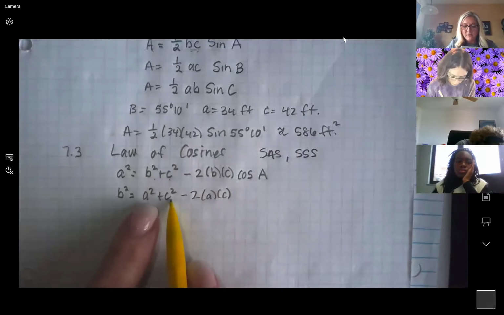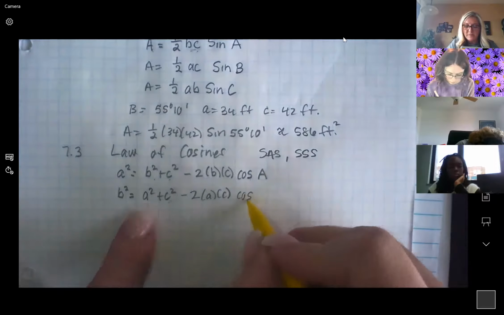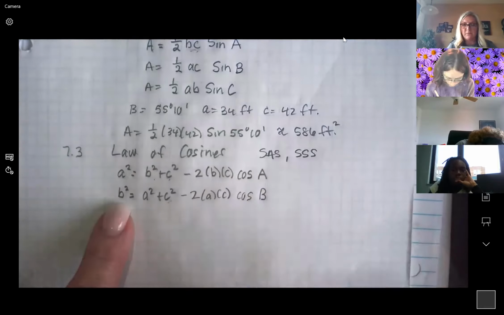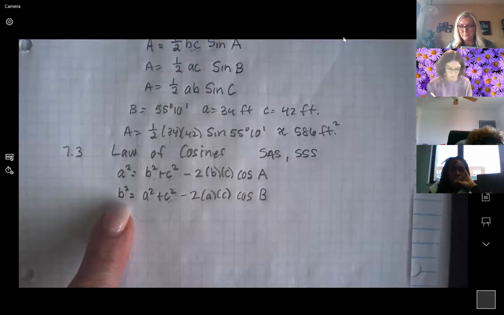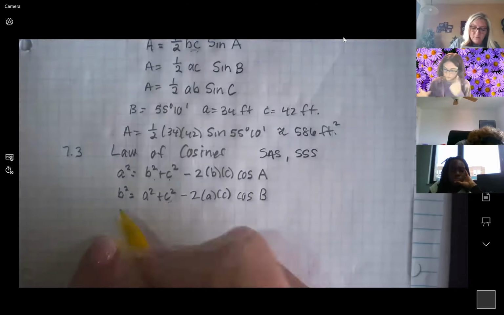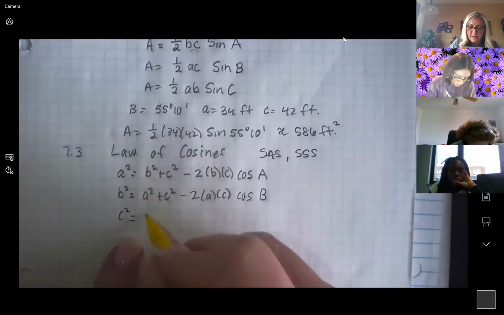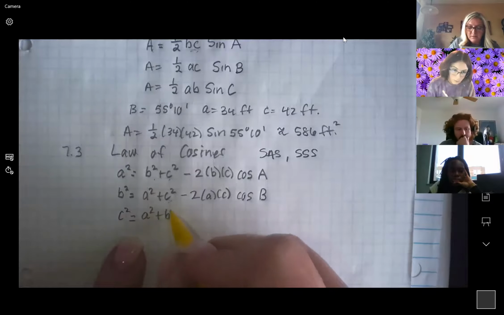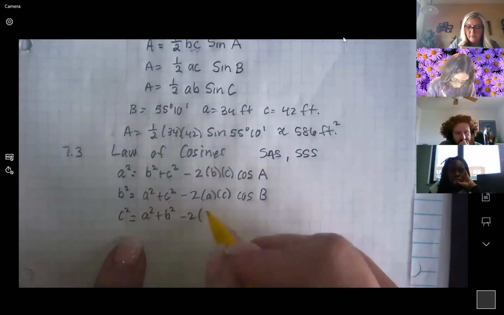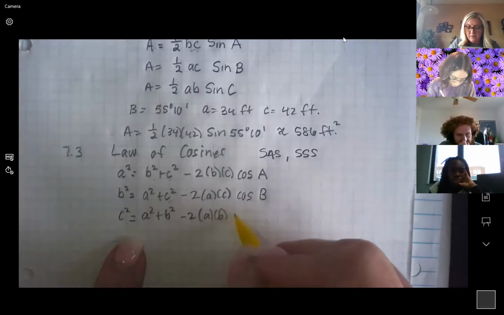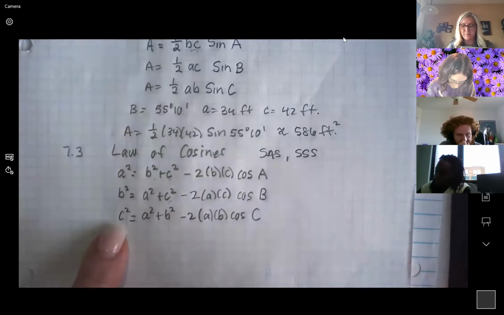And then cosine of the angle opposite, so cosine of B. And then the other one is c squared. My other two sides are a and b. Minus 2ab cosine of the angle opposite, which would be C.